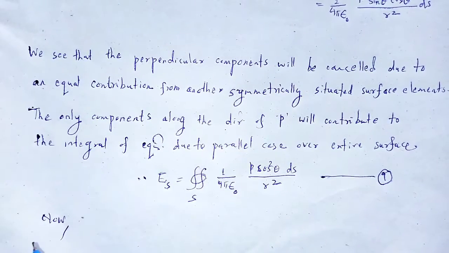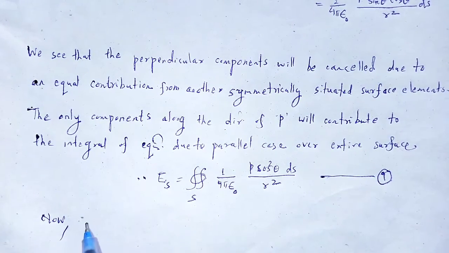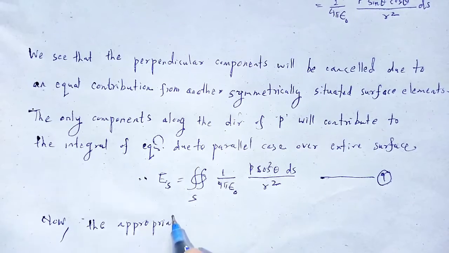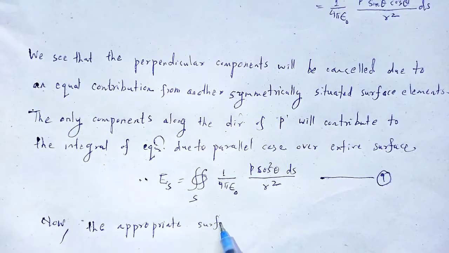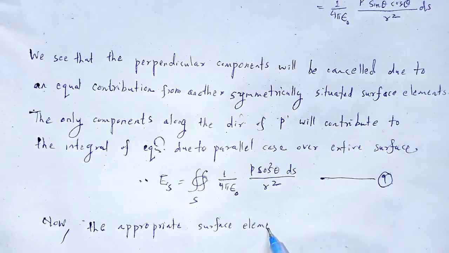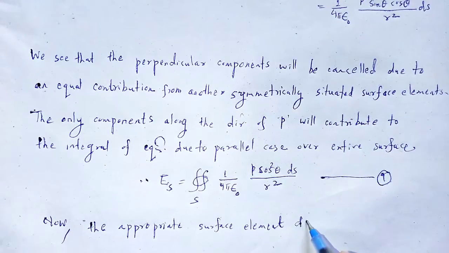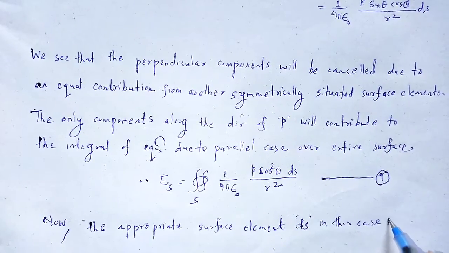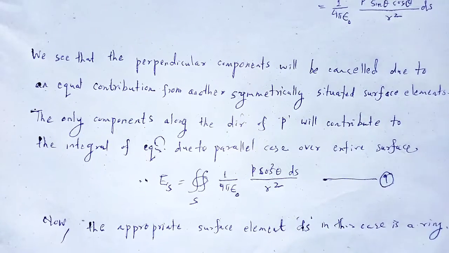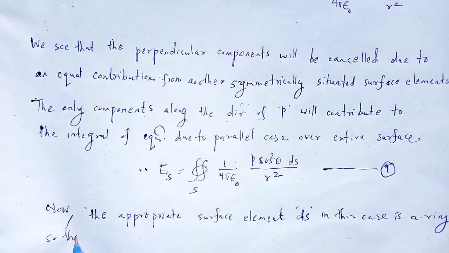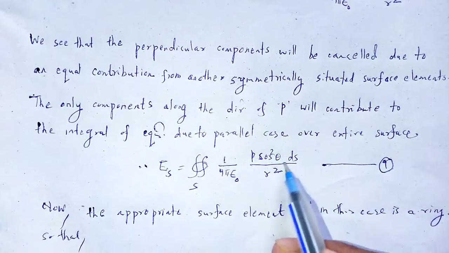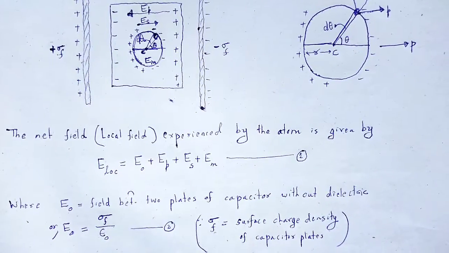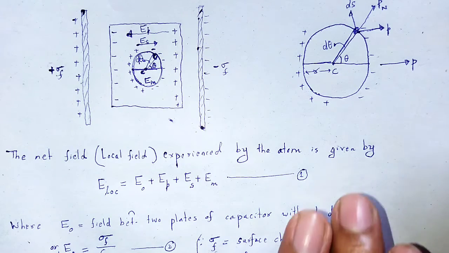Now the appropriate surface element dS in this case is a ring. When integrated over the entire surface, we can say that it is in the construction like a ring. Look at that figure, we choose it just like this.